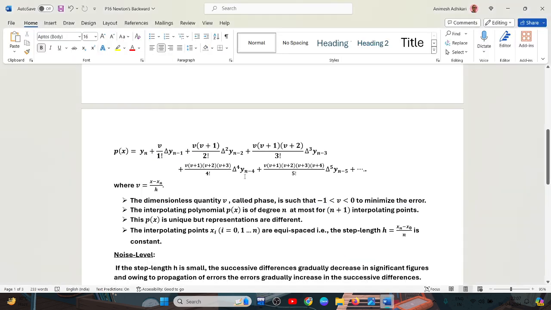So this is delta 2 y7 for n equal to 9, and so on.